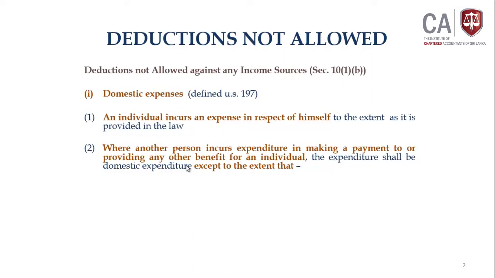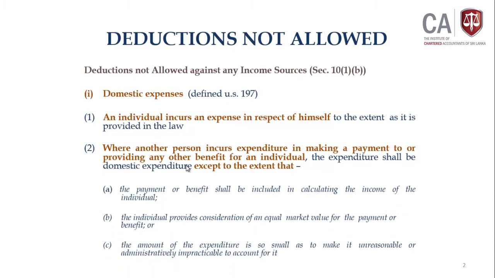The expenditure shall be domestic expenses except to the extent that... I mean, what I am trying to say here is that all the expenses incurred by the company in relation to an individual is a domestic expense for his benefit, unless the expense comes under one of these categories A, B and C. So, expenses identifiable under A, B and C are not domestic expenses.